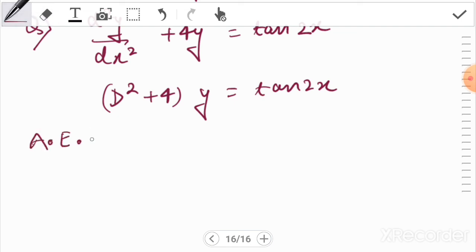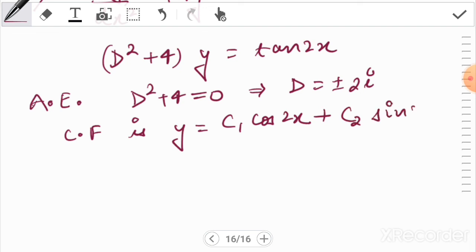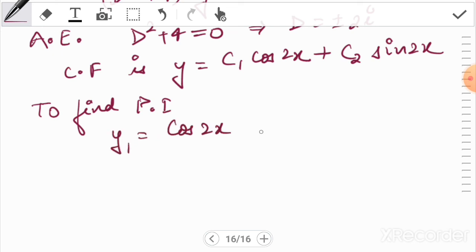So auxiliary equation is D square plus 4 is equal to 0, which gives D is equal to plus minus 2i. Thus complementary function is y is equal to c1 cos 2x plus c2 sin 2x. Now to find PI, y1 is equal to cos 2x and y2 is equal to sin 2x and X is equal to tan 2x.